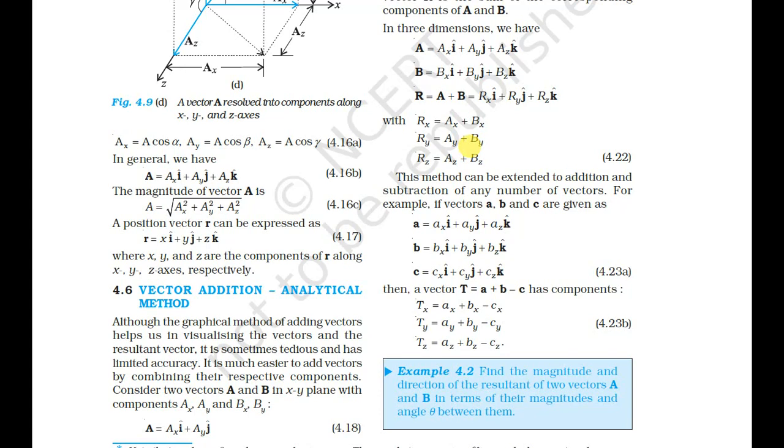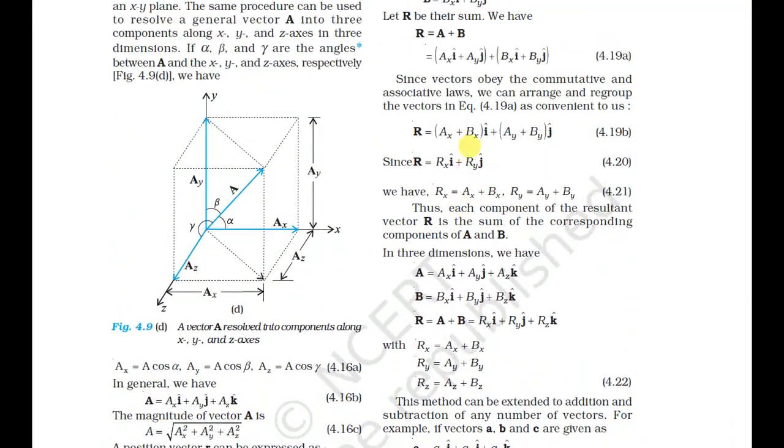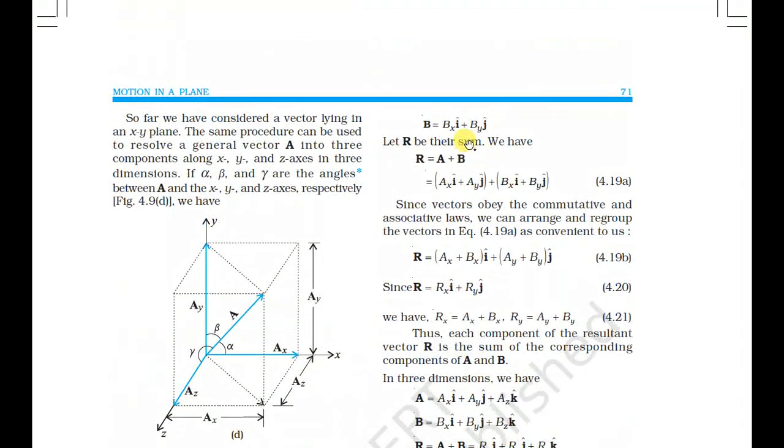It is sometimes tedious and has limited accuracy. It is much easier to add vectors by combining their respective components. Consider two vectors A and B in the xy plane with components Ax, Ay and Bx, By. So A equals Ax i cap plus Ay j cap, and B equals Bx i cap plus By j cap.